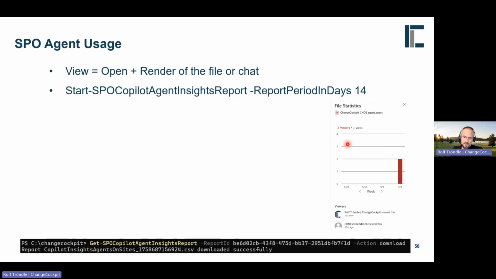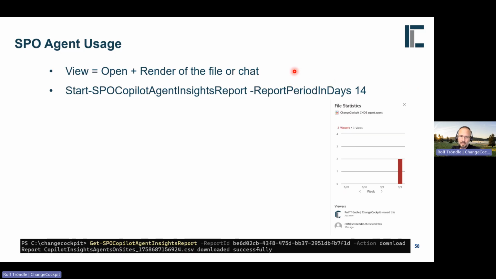If you click on the details, we'll see the file statistics, and a view count is the same as open and render of the file or chat, meaning we have here 2 viewers, 3 views. So this agent was used 3 times. When I know that this agent exists and I find the respective agent file, it will be visible if and how many times it was used.